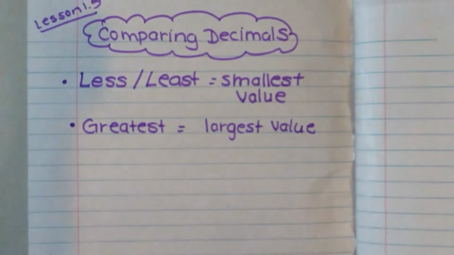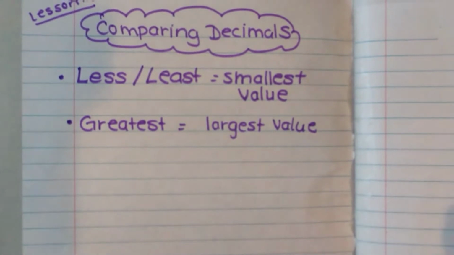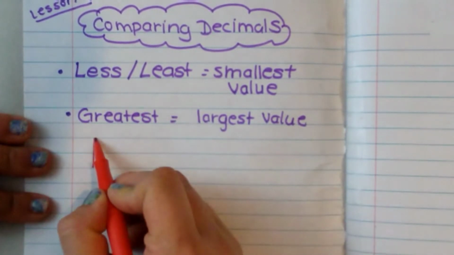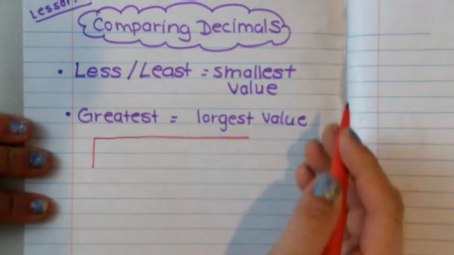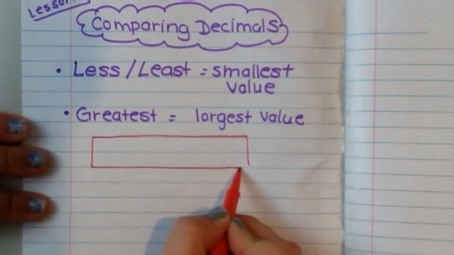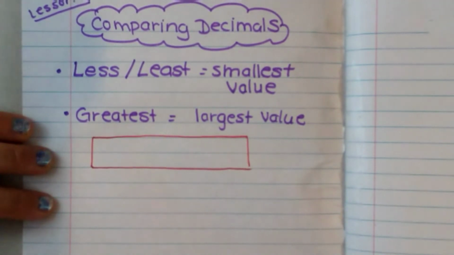Okay, so I am going to show you how I compare decimals. It is very important that we line up our decimal place values. You have to compare our ones to our ones, our tens to our tens, our tenths to our tenths, our hundredths to our hundredths, and our thousandths to our thousandths.